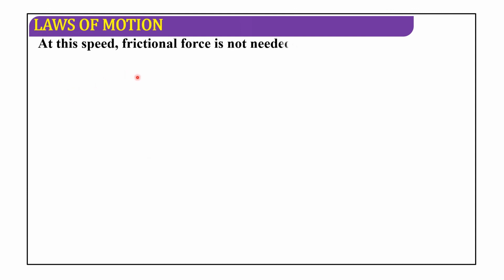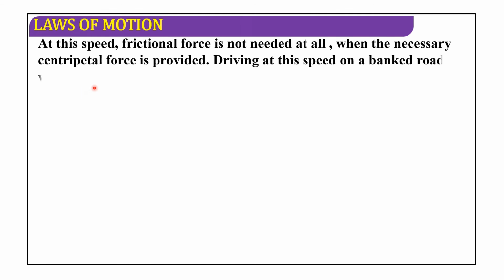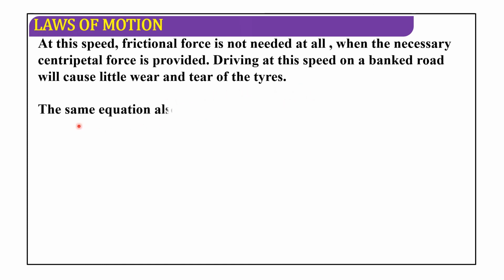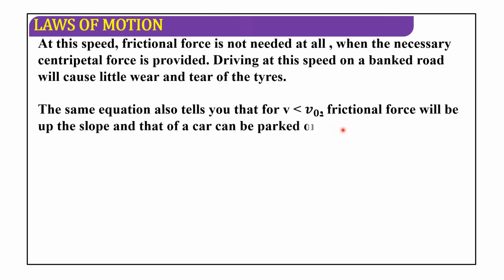At this speed, the frictional force is not needed at all. When the necessary centripetal force is provided, driving at this speed on a banked road will cause little wear and tear of the tires. The same equation also tells you that for V less than V naught, frictional force will be up the slope, and that a car can be parked only if tan theta is less than or equal to mu s.